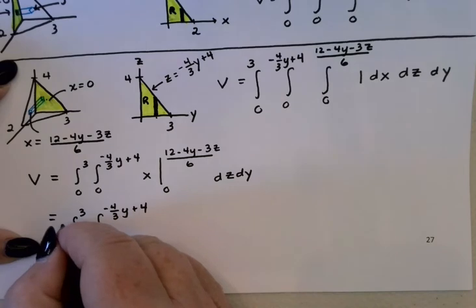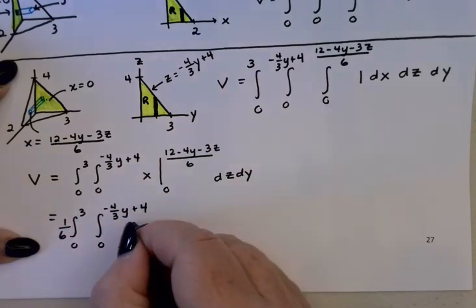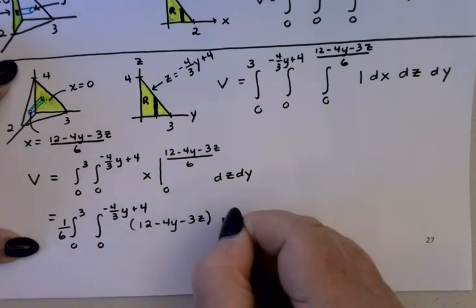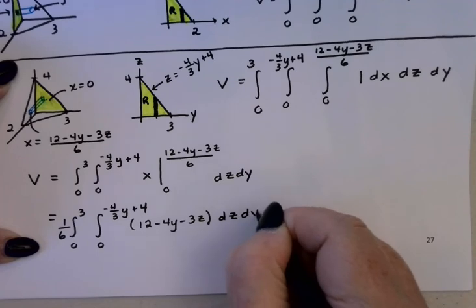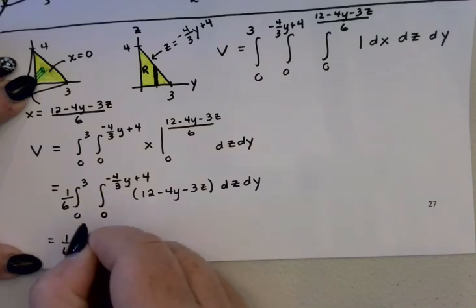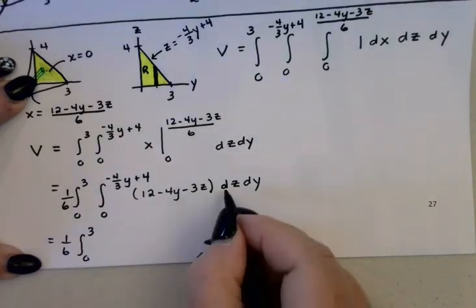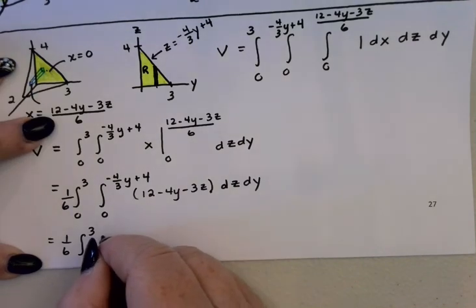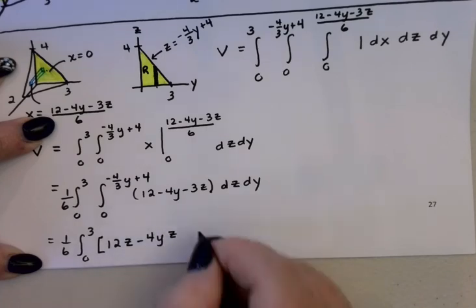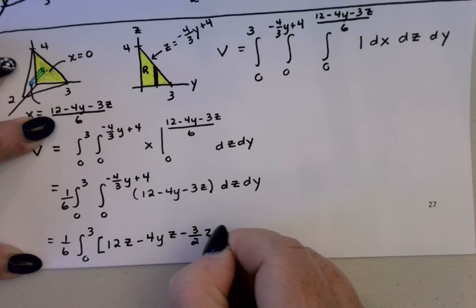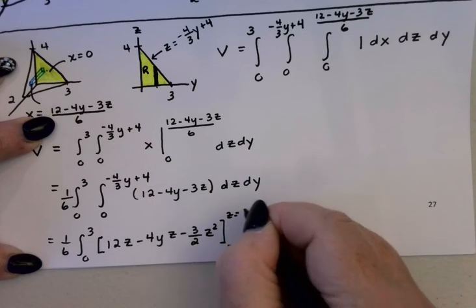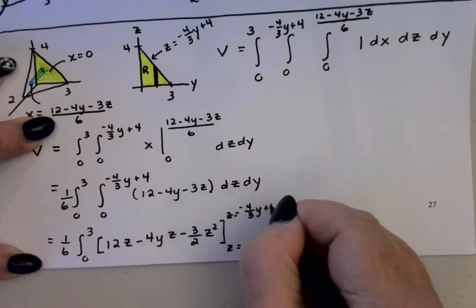I'm going to take that 6 in the denominator and pull that out front as a 1/6. And then I'm going to have the 12 minus 4y minus 3z in here, dz dy. So let's see. Integrating dz is going to give me 12z minus 4yz minus 3/2 z squared from z equals 0 to z equals negative 4/3 y plus 4.